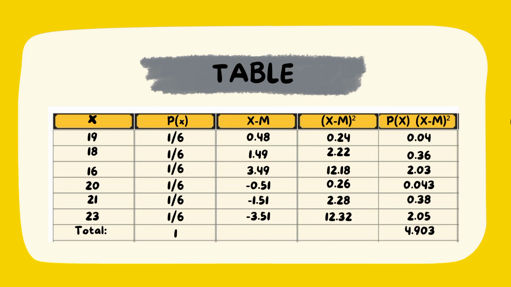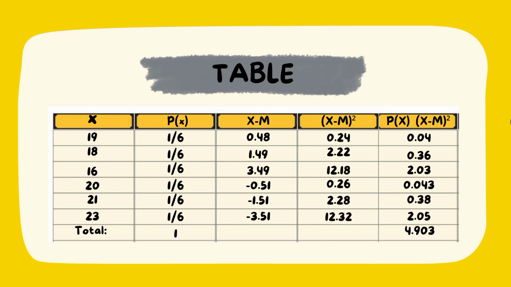Okay, so let's start. Subtract the mean from each sample mean. We already have the mean of the sampling distribution of our means, which is 19.49. And the values of our sample means are 19, 18, 16, 20, 21, and 23.